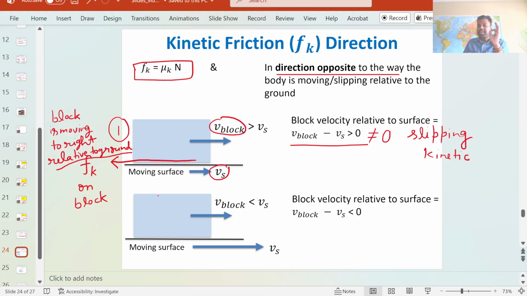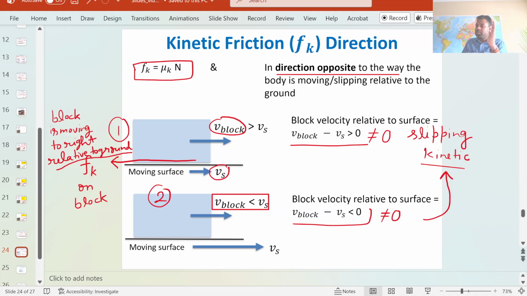So let us look at this second example. The block speed is less than the surface speed. The block is moving to the right, the surface is moving to the right, but the block speed is less than the surface speed. So the relative speed is not equal to 0. Same thing, you have slipping, so you have kinetic friction. No doubt, that is easy. But what about the direction of kinetic friction on the block? The direction of friction will be to the right.